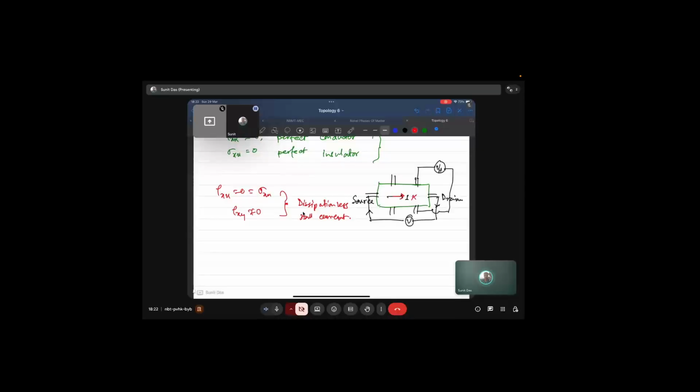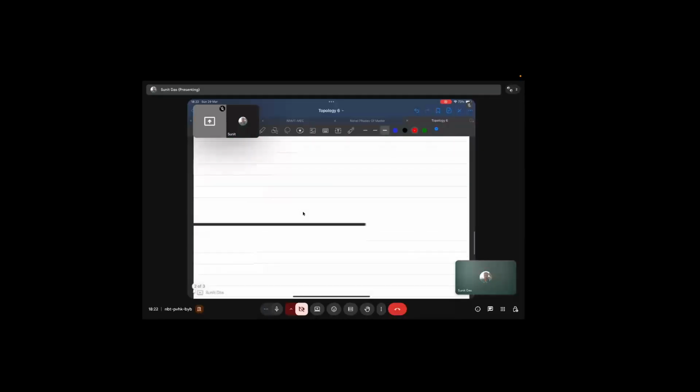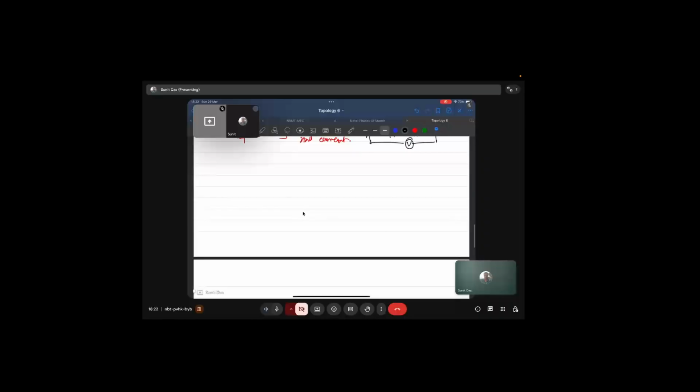So there is no dissipating heat and so on in the quantum Hall system. Okay, so with this, let me move to how we explain the quantum Hall effect, quantization, and other aspects of it.